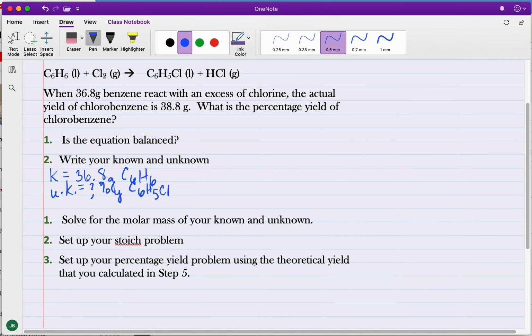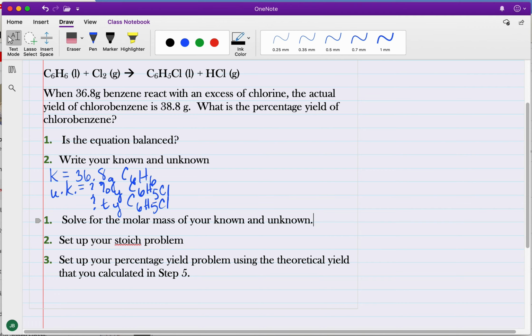Okay, so I'm going to go ahead and write that in here as well. What is the theoretical yield for chlorobenzene? And that's where the stoichiometry is going to come in. We're going to do a stoichiometry problem that goes from the 36.8 grams of benzene to a theoretical yield in grams of the chlorobenzene.